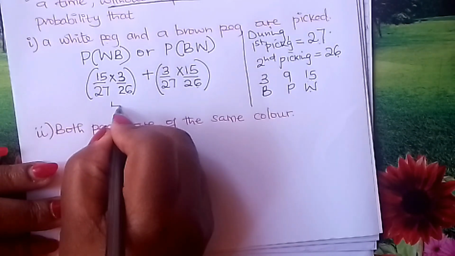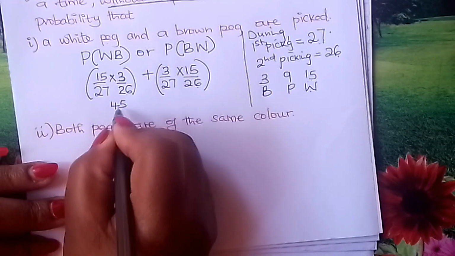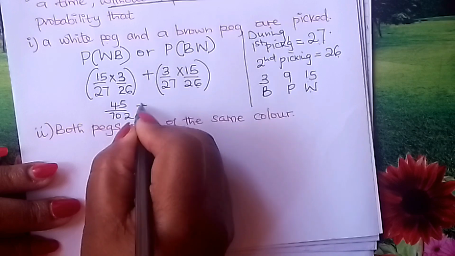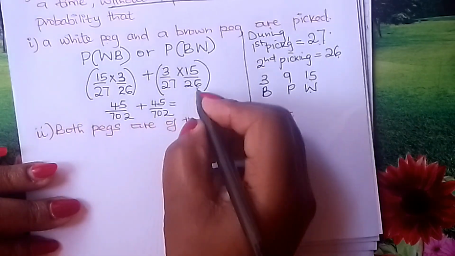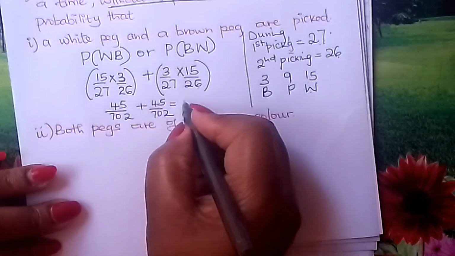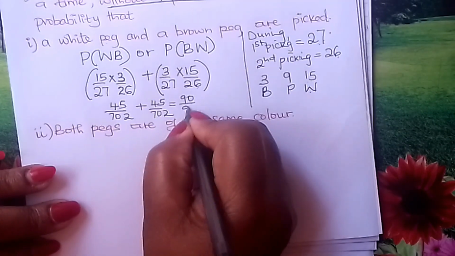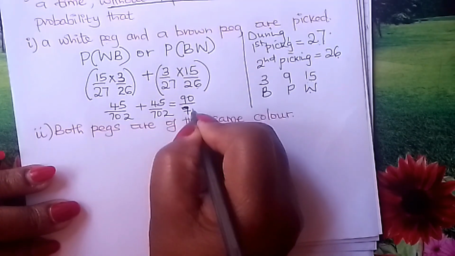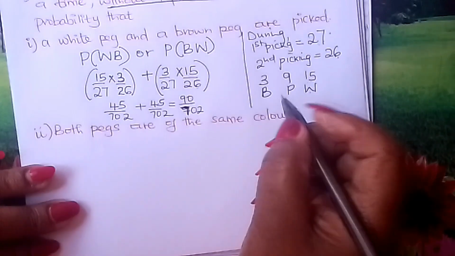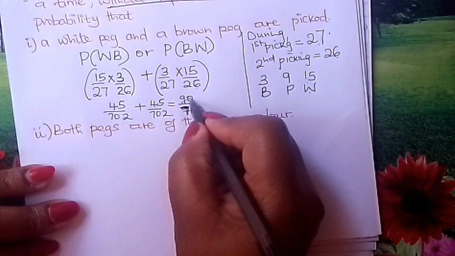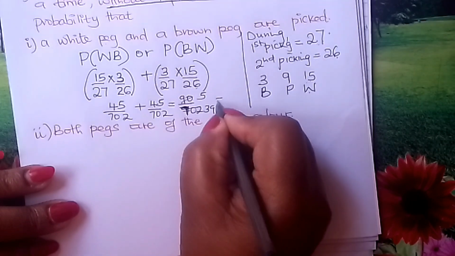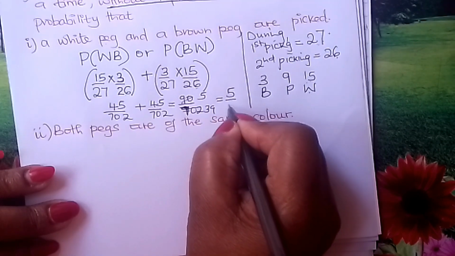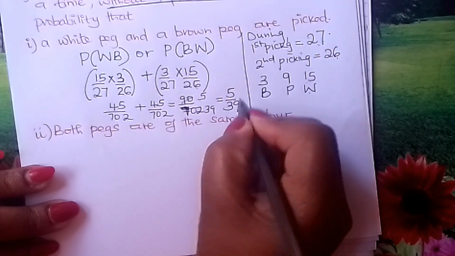So this gives us 45 over 702, which gives us 90 over 702. You can reduce this by 18, you'll get 5 over 39. So our probability is 5 over 39.